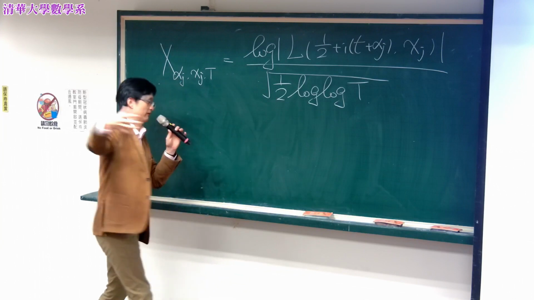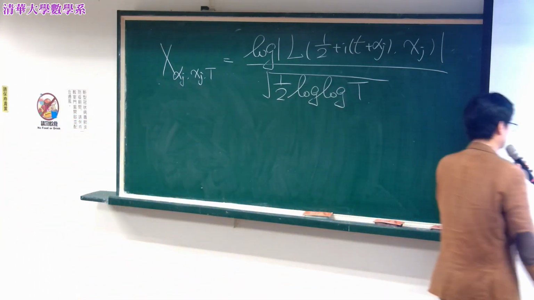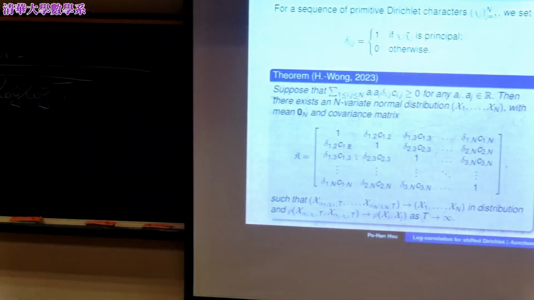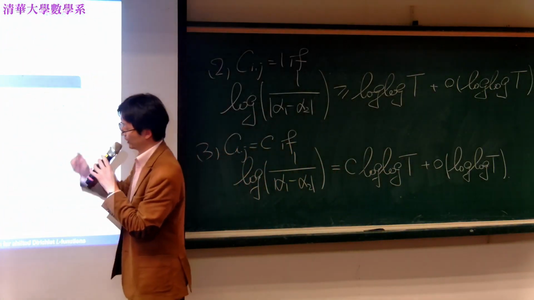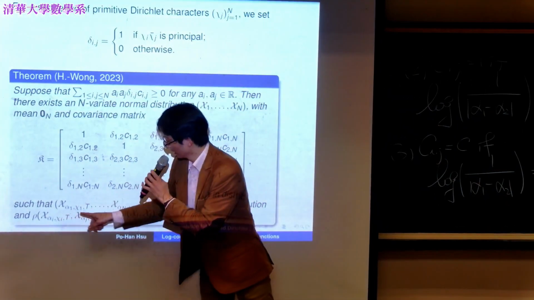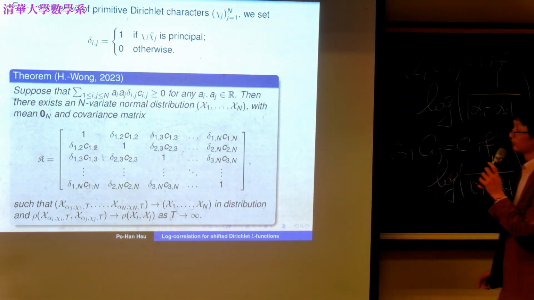Now you consider capital N of them, so it's a huge long vector, and this huge long vector converges to a multivariate normal distribution. And we can also duplicate our previous work for Riemann zeta. We can also have the corresponding correlation converge to this one.